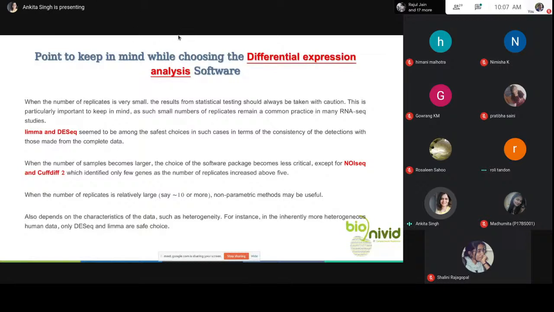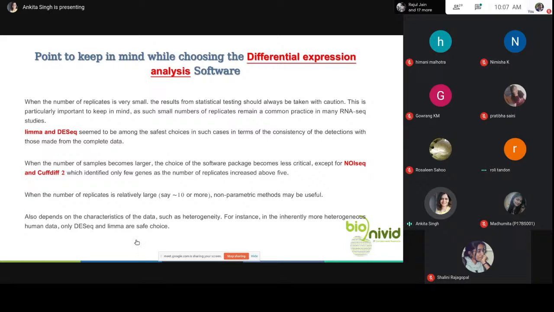There are publications where they have compared all these tools, but the results are not overwhelming, saying that okay, pick this tool for your differential expression analysis.